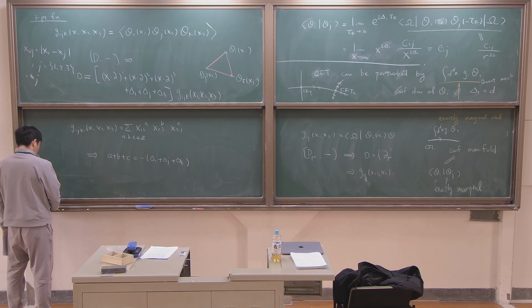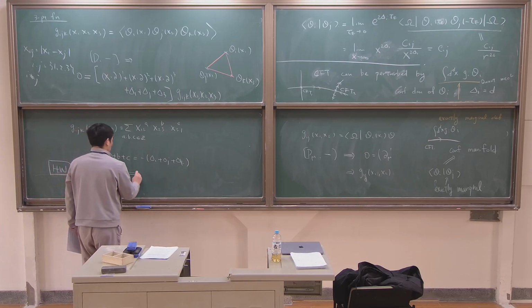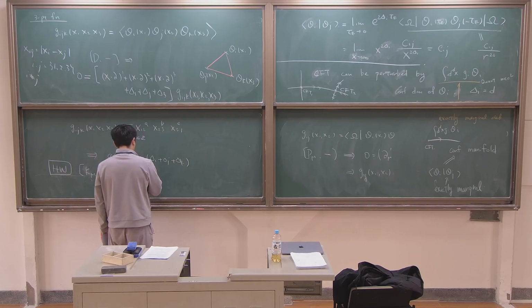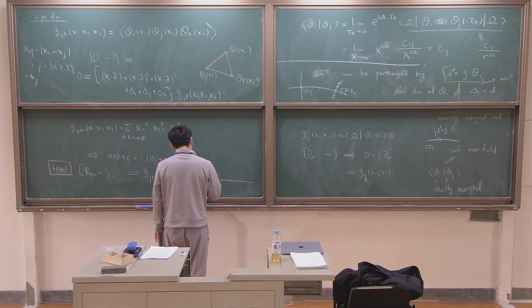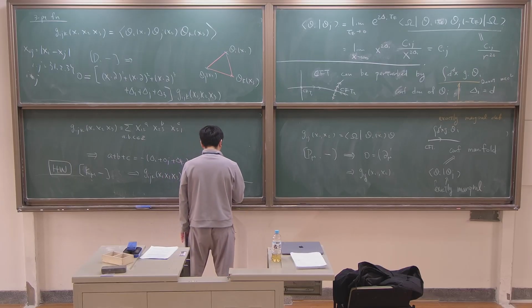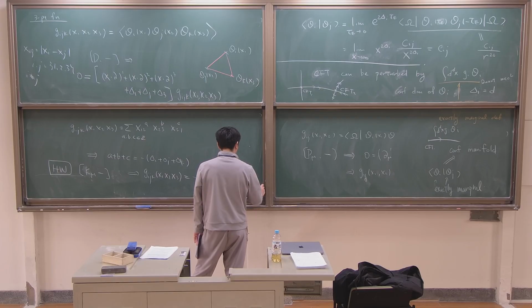And this is homework. It's tedious, but you can show it. One more constraint: if you use the special conformal transformation, which gives a vanishing condition, what you get is that G_IJK(x1, x2, x3) is proportional to x_12 to the power delta_I plus delta_J minus delta_K, times x_23 to the power delta_J plus delta_K minus delta_I, times x_31 to the power delta_K plus delta_I minus delta_J.